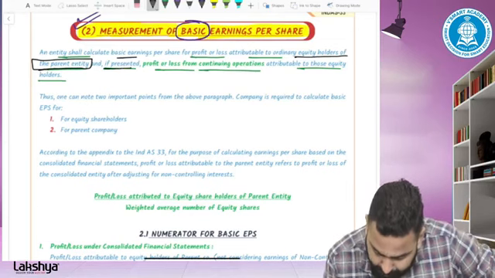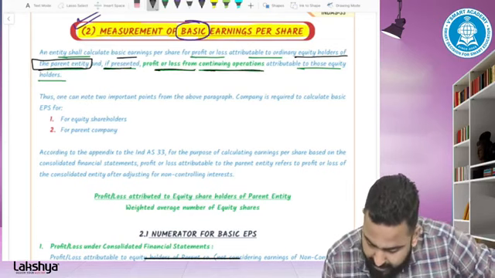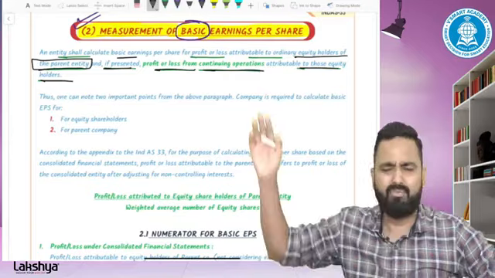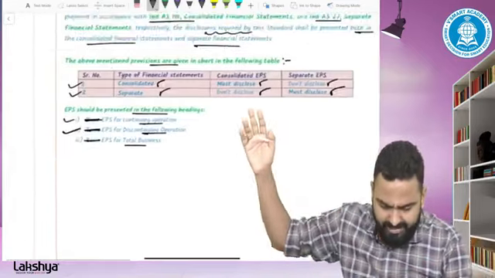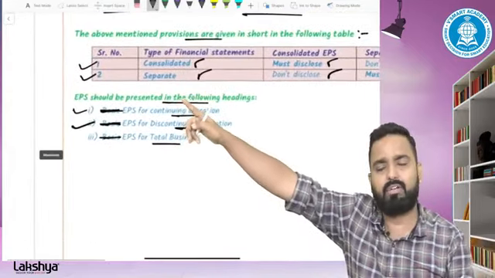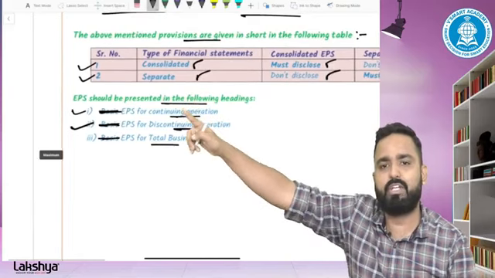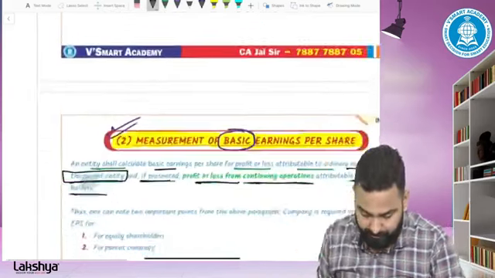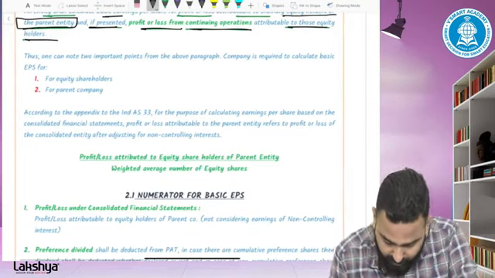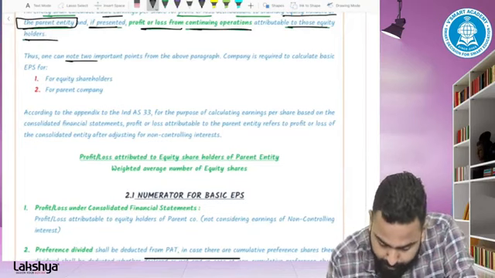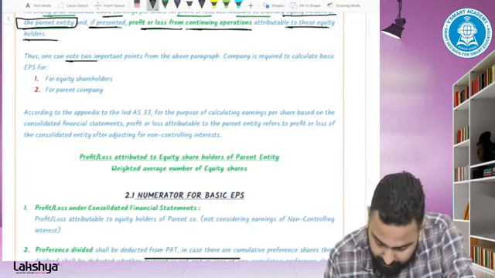If presented, the profit or loss from continuing operations attributable to those equity shareholders, definitely we need to present the EPS from continuing, discontinuing as well as total operations. Thus, one can note two important points from the above paragraph.